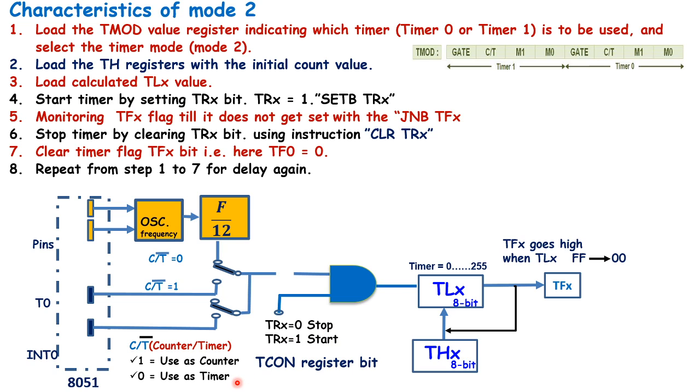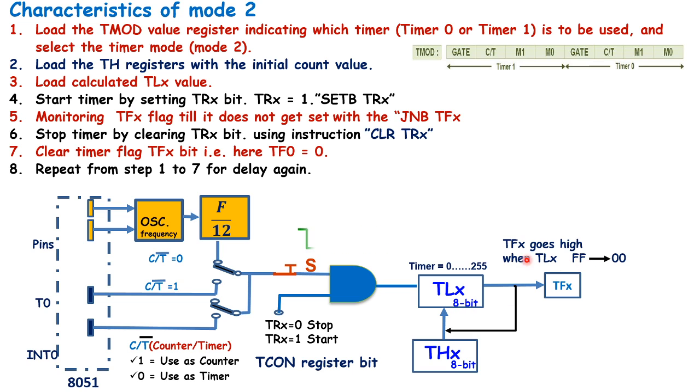Now how to start that? When this switch is closed, then the pulse is given. This crystal frequency pulse is given to the lower byte of this timer, which is incremented from its value to the final value. That is FF.